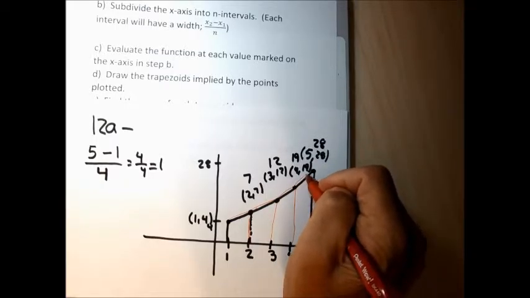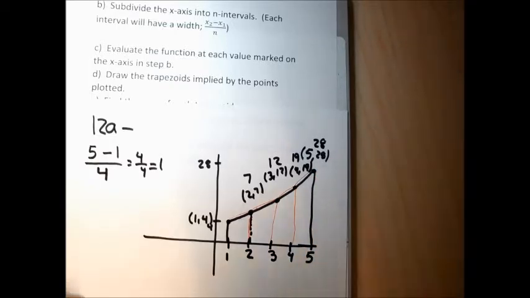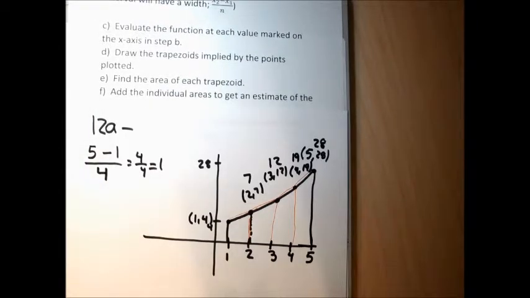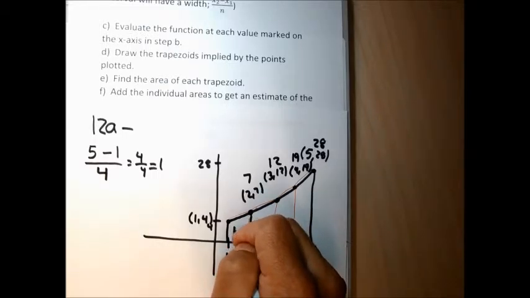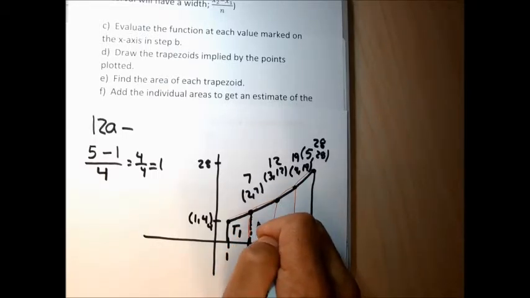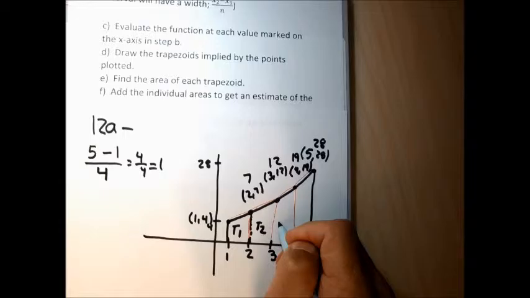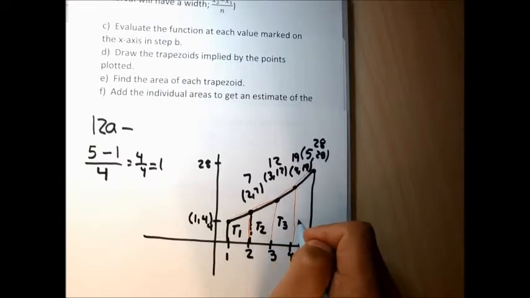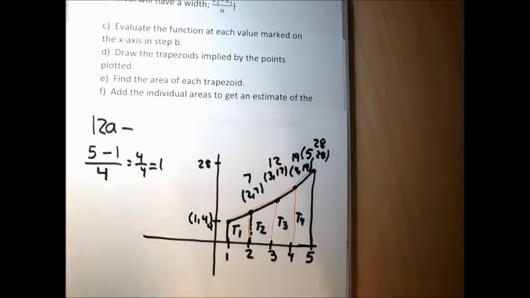My fourth trapezoid does that and goes down. So those are the trapezoids that are implied by my picture. And so I'm going to call this one trapezoid 1, this one trapezoid 2, this one trapezoid 3, and this one trapezoid 4. And so I'm done with part D.